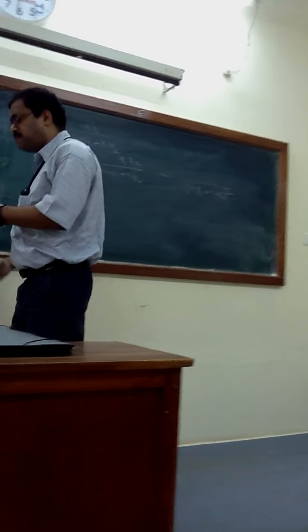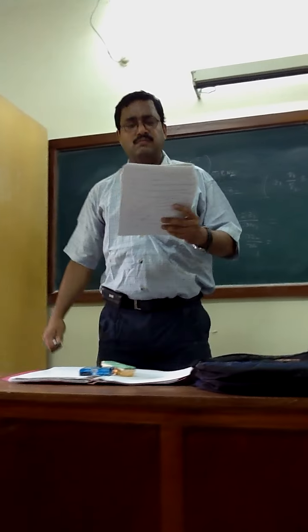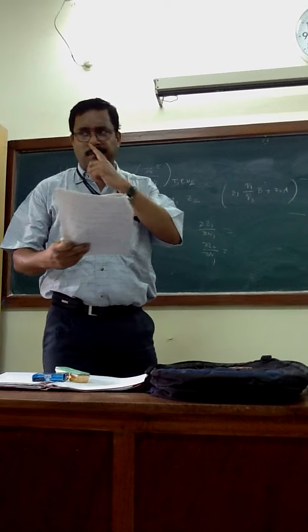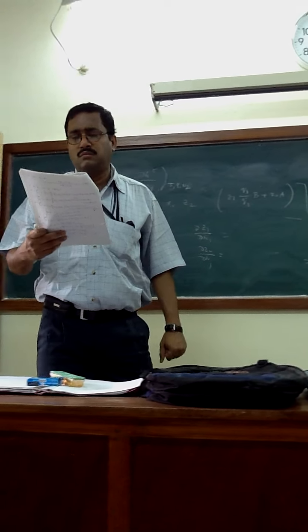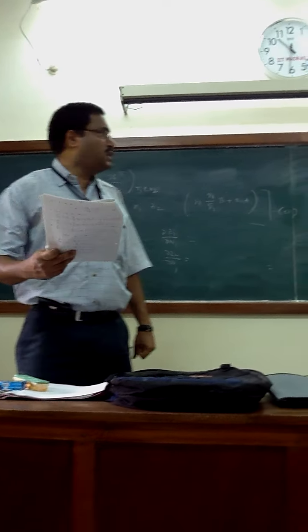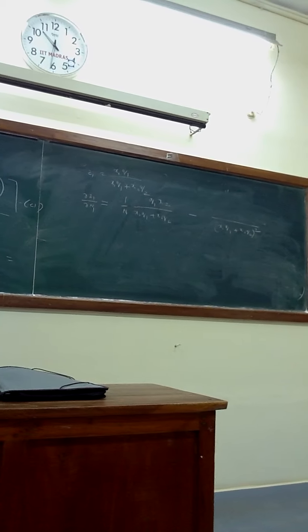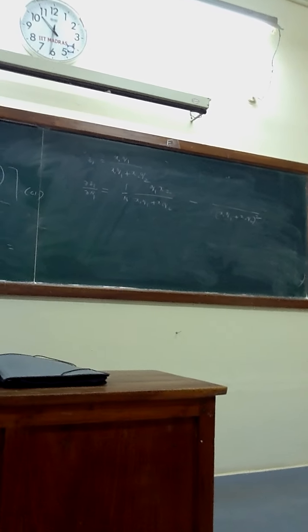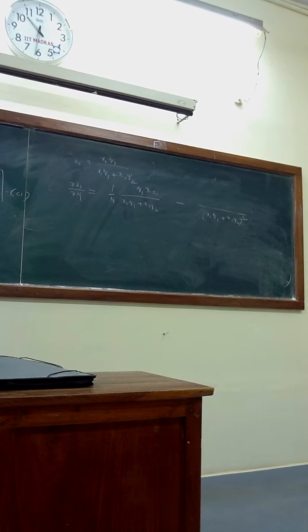Here, d/dx of u by v, v du/dx minus u dv/dx by v square. The v square term will be there in the next term. What will be the term?